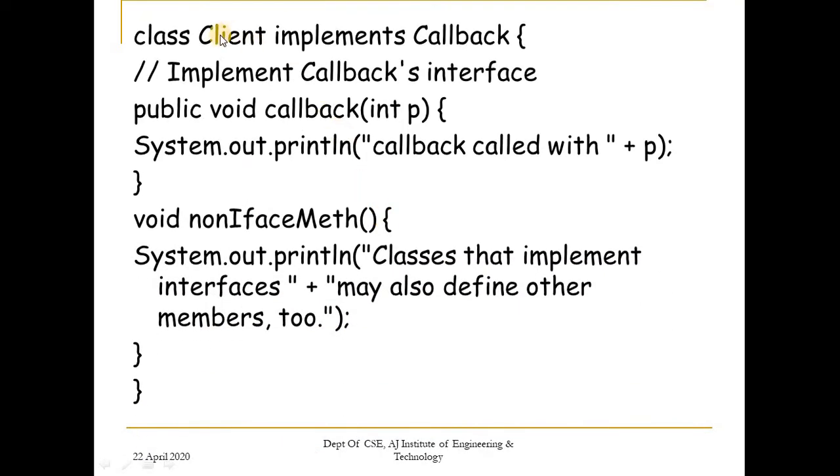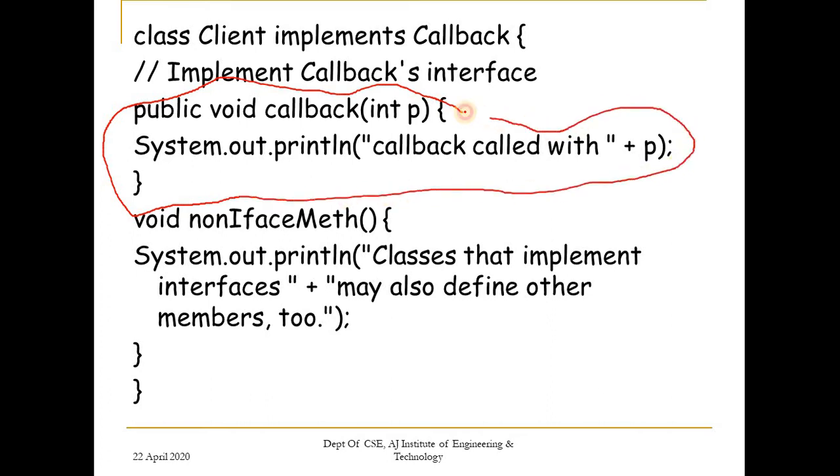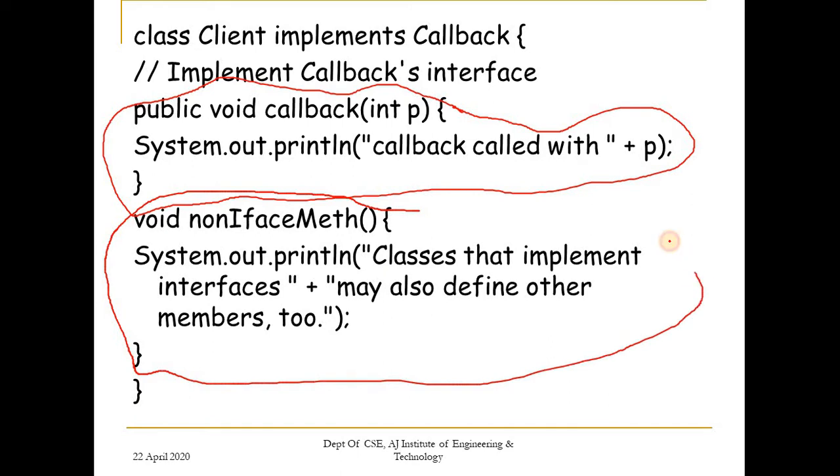See here in this example, the same Client class implements the Callback interface. Here we have provided the definition of the callback method, which is the method of the interface, correct? And here we have one more extra method, that is nonIfaceMeth.